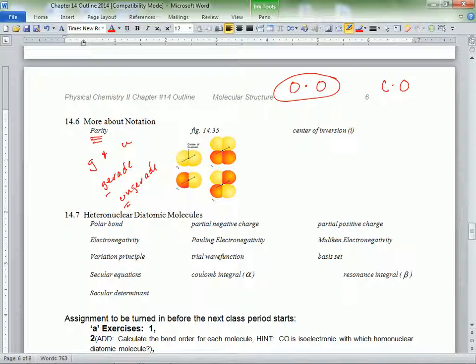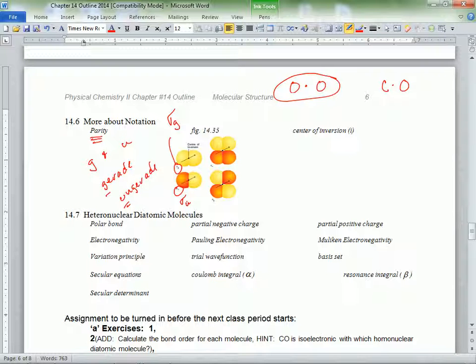And that's why a lot of these molecular orbitals that you see, like this one says sigma g, this one says sigma u. So gerade means, remember the colors are supposed to be kind of the sign of the wave function, so it's not changing color. So that would be gerade.